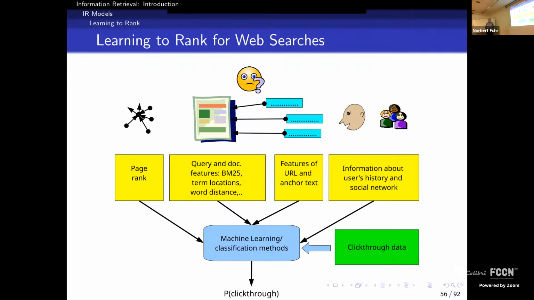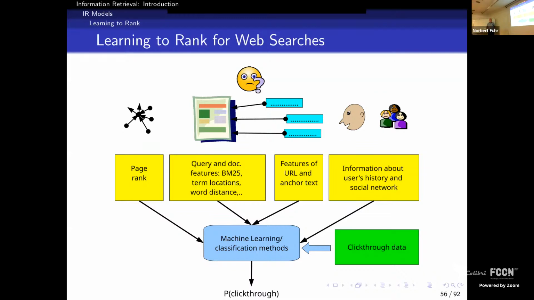And you can also consider other metadata like features of the URL, and anchor text, meaning other documents referring to this document. What's the text that belongs to this link in the other document? That's the anchor text. And in principle, you can also consider information about the user or even the social network. So that's all my features, that are elements of my feature vector.